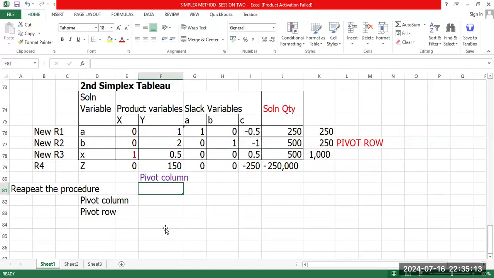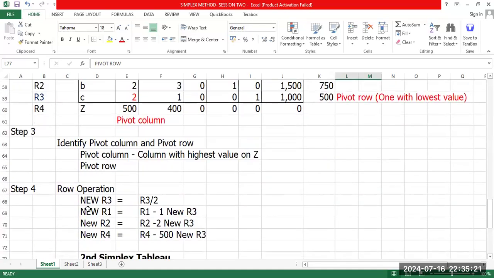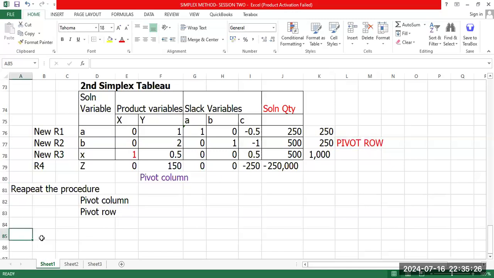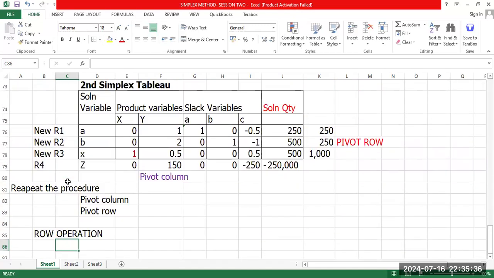Any other question? This is our pivot row. Now, once you identify the pivot row, get row operation now. I start with which one?